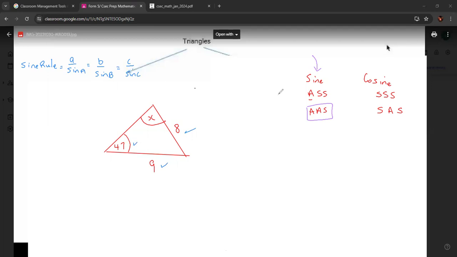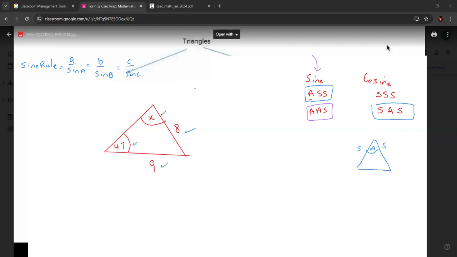Now, I know you guys are wondering, Miss, this one has an angle and this one also has an angle and 2 sides, but what's the difference? For this one, when they gave us the angle, the angle is in between the sides.